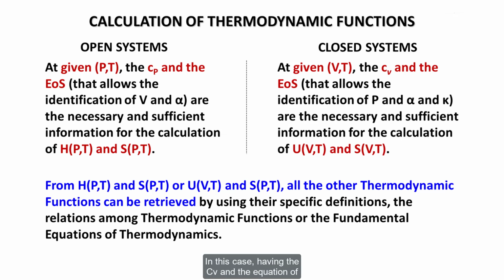In this case, having the Cv and the equation of state is enough to calculate internal energy and entropy. Also in this case, all the other thermodynamic functions are then calculated in cascade from internal energy and entropy by using the definition of the specific thermodynamic function or the fundamental equations of thermodynamics.